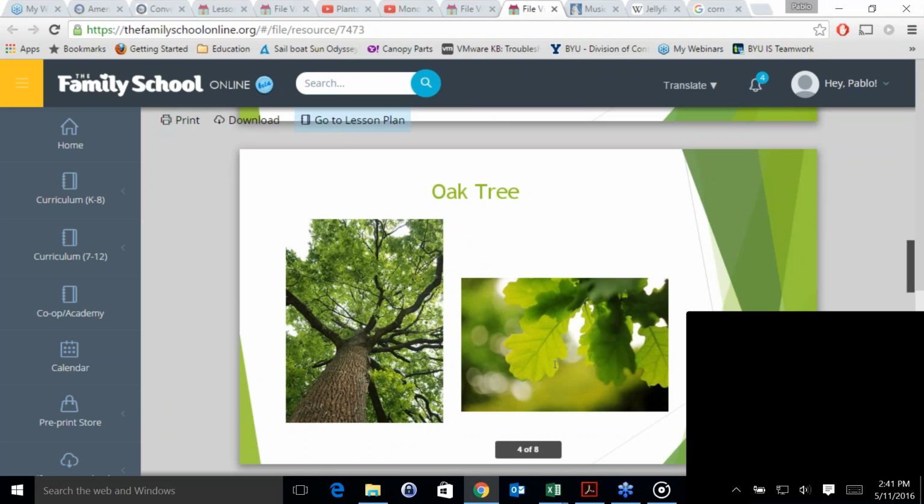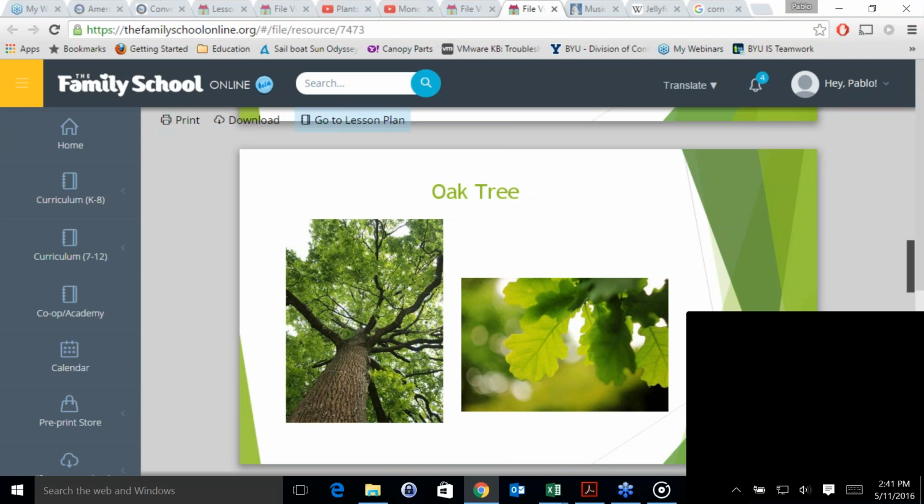Okay. What do we see now here on the oak tree? Here I can start seeing the secondary growth of the branches and all the leaves. Yeah, so Patrick says dicot. That would be a good example of a dicot. You see the secondary growth.